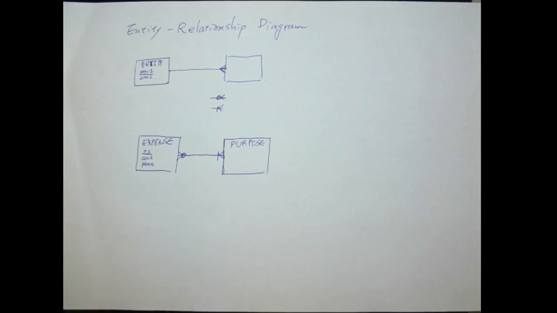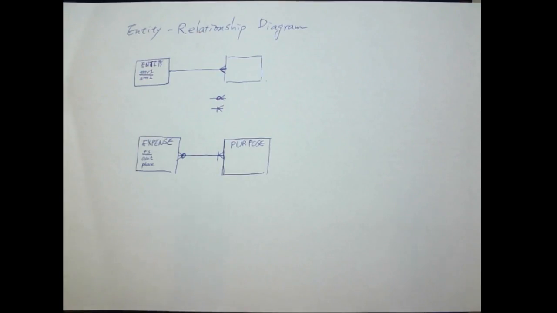For example, the food purpose, for eating something, can be used in a lunch expense or dinner expense. However, it is possible that no expense record corresponds to the given purpose, so it's optional. So 0 or more, and you could see that the relationship is many to many.